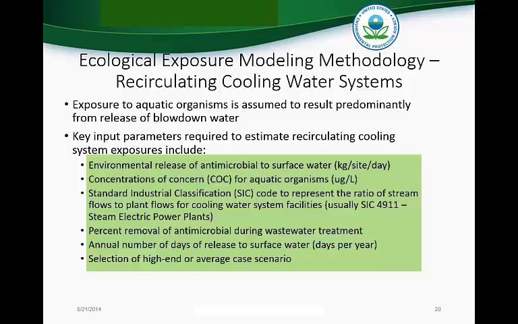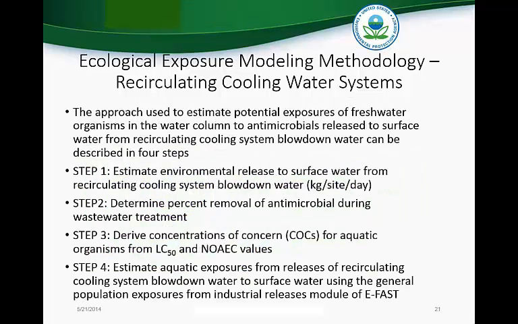Usually this is SIC 4911, which represents steam electric power plants. Percent removal of antimicrobial during wastewater treatment, annual number of days of release to surface water in days per year, and then selection of high-end or average case scenario.